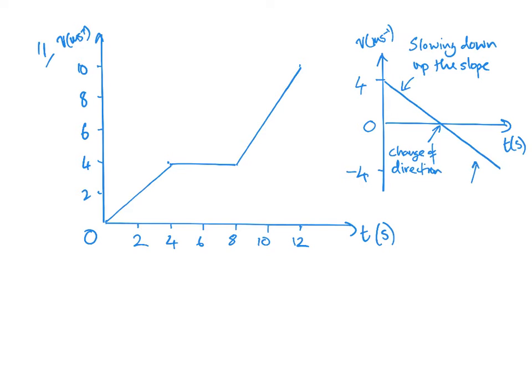And the final section is speeding up down the slope. So basically it's getting more and more negative, the velocity during that final section. So building up from 0 to -4. And the minus simply indicates the direction, so we'd still say the velocity is increasing there, it's still speeding up, but in a negative direction.